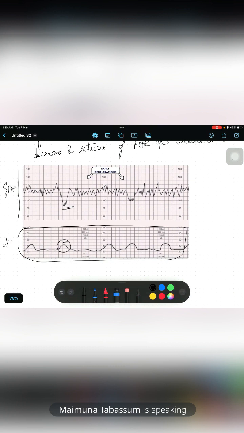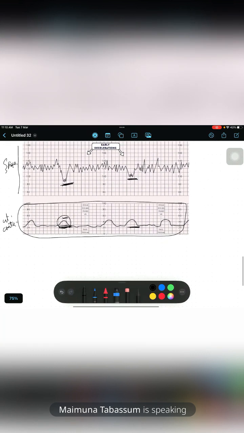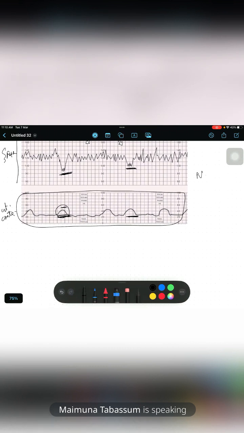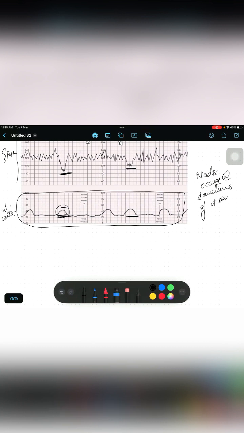Whenever there is a uterine contraction, there is a deceleration. The nadir, or the drop, occurs at the same time as the contraction. Then this is known as an early deceleration.